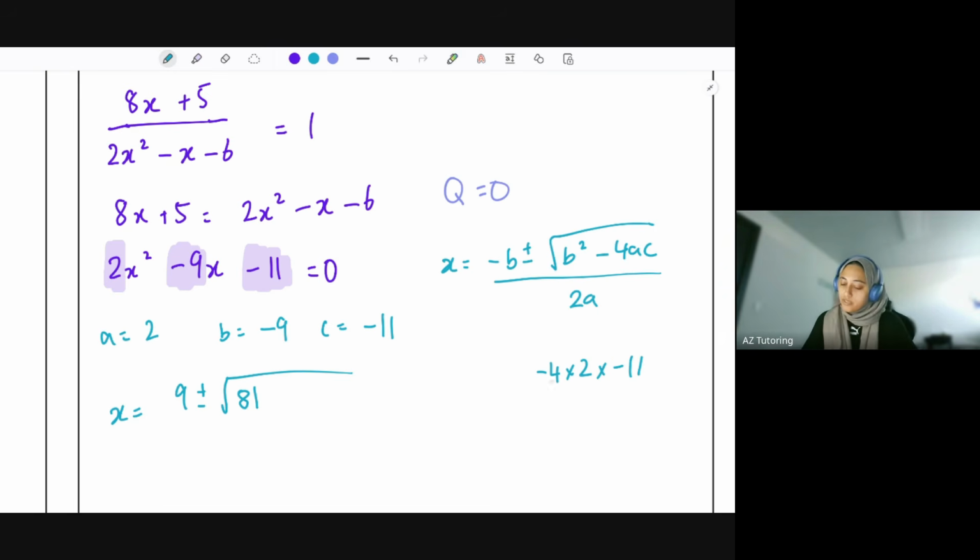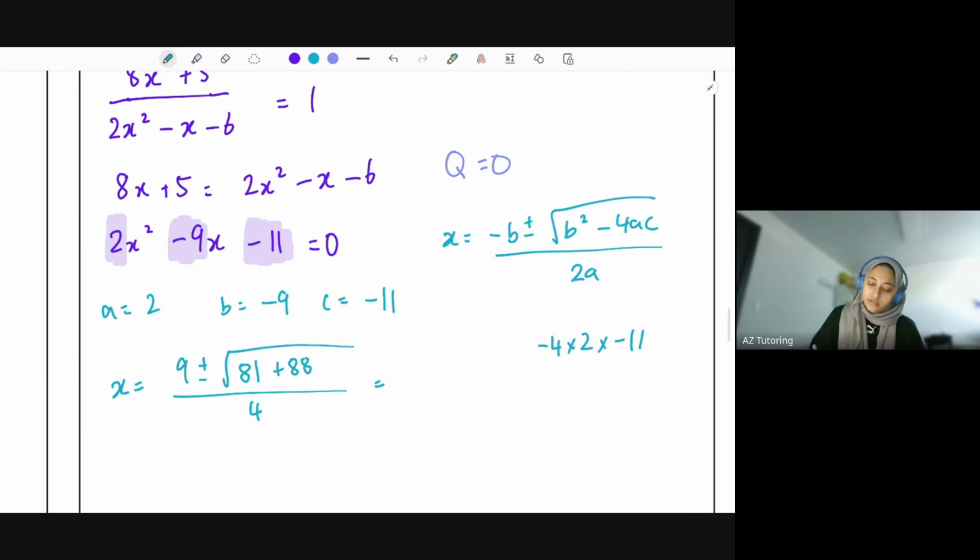So minus 4 times 2 is minus 8, and then minus 8 times minus 11 is just 88. So I've just put that there. And that's divided by 2a, so 2 times a, which is 2 times 2, which is just 4. Okay, so just notice how I'm doing this in parts. I'm not just plugging everything straight into the calculator.